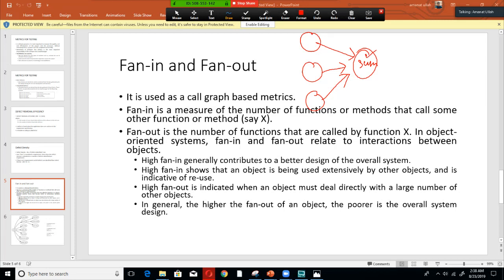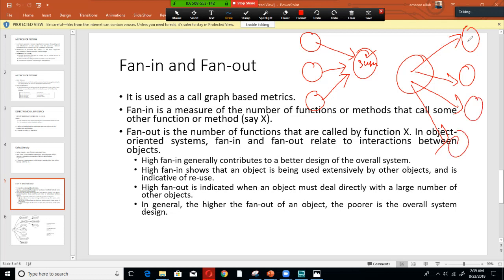So this ensures reusability. So fan in is good, but fan out is bad, because fan out means that a single module is calling multiple different functions. When this function is called, this module has to wait for this function to return a value, then it calls this function and this calls this function. So fan out is really bad for this whole system.